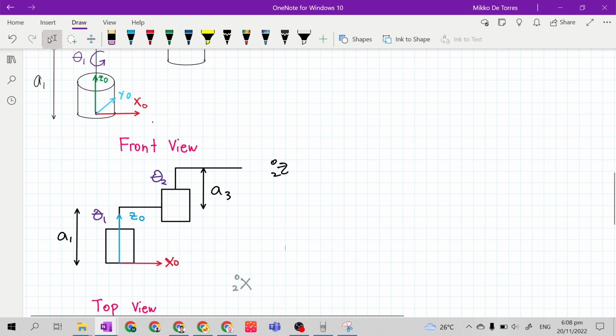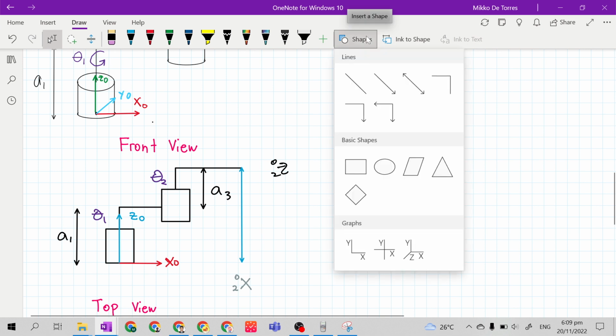The distance of the end effector to the ground is your Z02, while your X02 is the distance from the end effector up to the origin of your base frame.